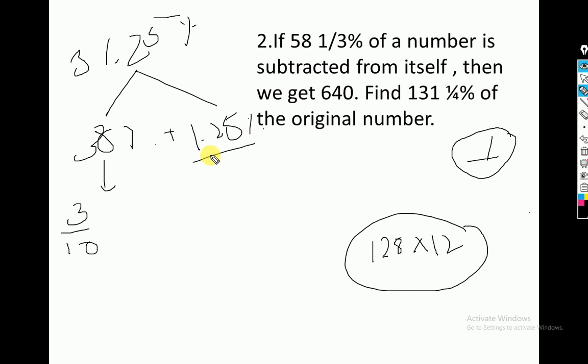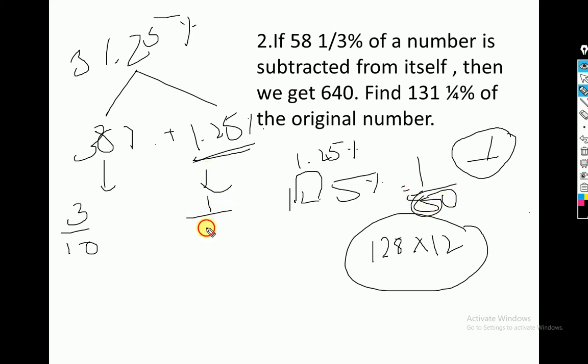If we multiply 1.25 percentage by 10 we get 12.5, which is 1 by 8, right? If you are dividing it by 10, then you have to divide by 10 here also, so this comes out to be 1 by 80, right? But you have to multiply it by 8 over here, so that the LCM is complete.